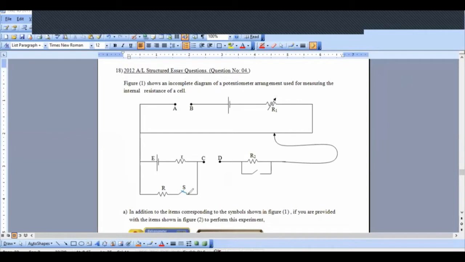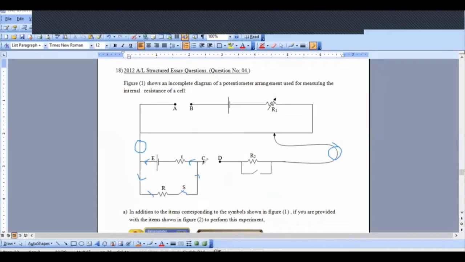So what will happen when the switch S is closed here? Then there will be a current in this branch. Do you remember? Then we have applied Kirchhoff's law to this branch. But there is no current in this branch and no current in this branch, as usual. There will be a current only in this branch.